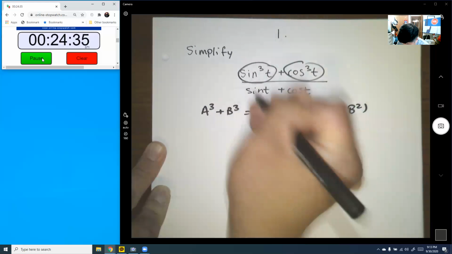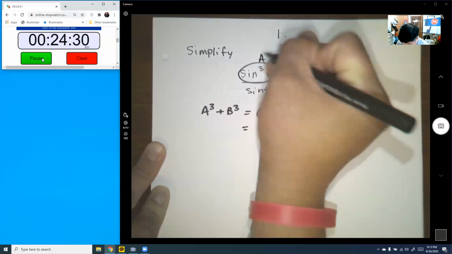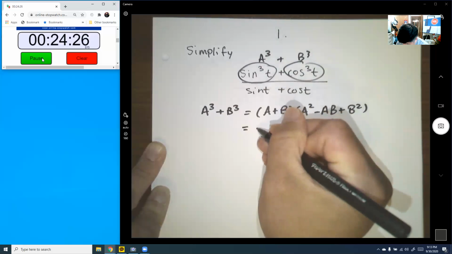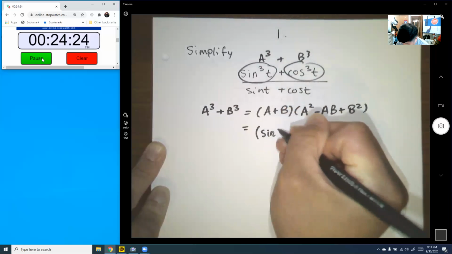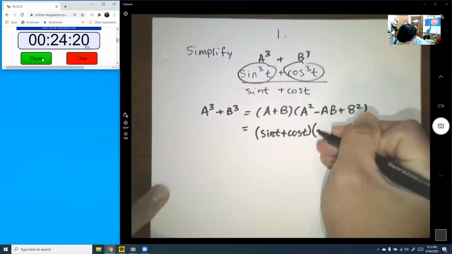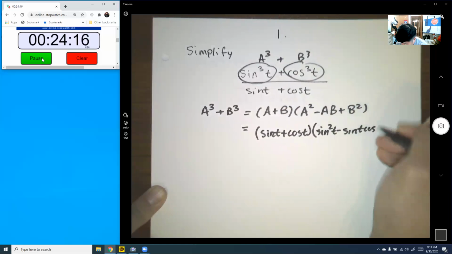In this case, a is the sine of t and b is cosine of t. So I have sine of t plus cosine of t, times sine squared t minus sine t cosine t plus cosine squared t.